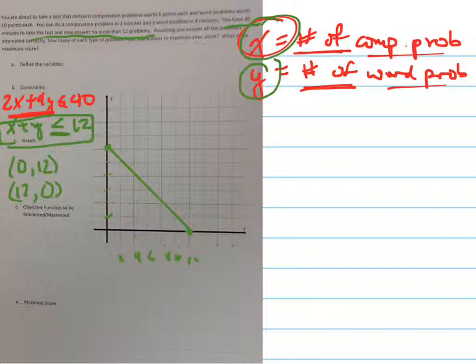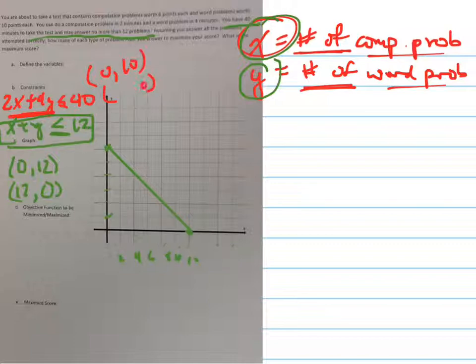There's the green line. Let's do the red line now. Same deal. I'm going to use the intercepts. If I plug in 0 for X, think about this being gone. What's Y equal? 40 divided by 4 is 10. So (0, 10).